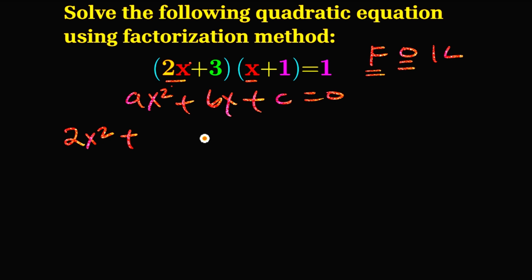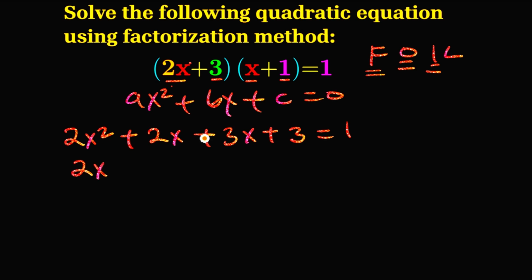The outer terms are 2x and 1. So 2x times 1 is 2x, plus the inner terms. The inner terms are 3 and x. 3 times x is 3x, plus the last terms. The last terms are 3 and 1. So we have 3 times 1, which is just 3, and that's equal to 1.